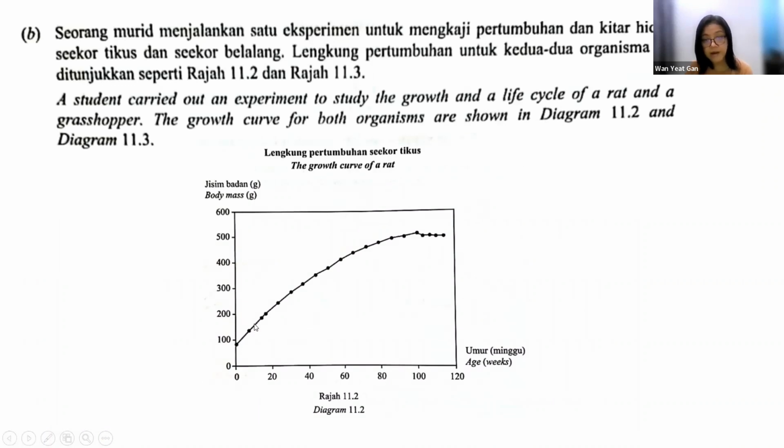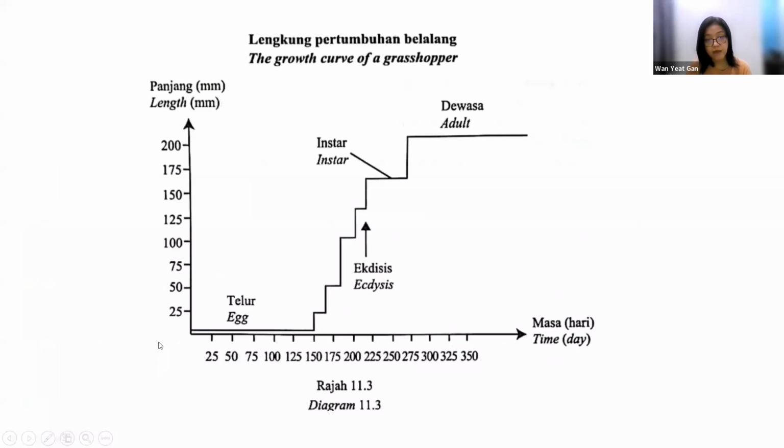So a rat growth curve is similar to the rest of the organisms, where it is a sigmoid curve, whereas the grasshopper shows intermittent growth. Okay, it doesn't show a smooth sigmoid curve when we measure the length, not the mass.